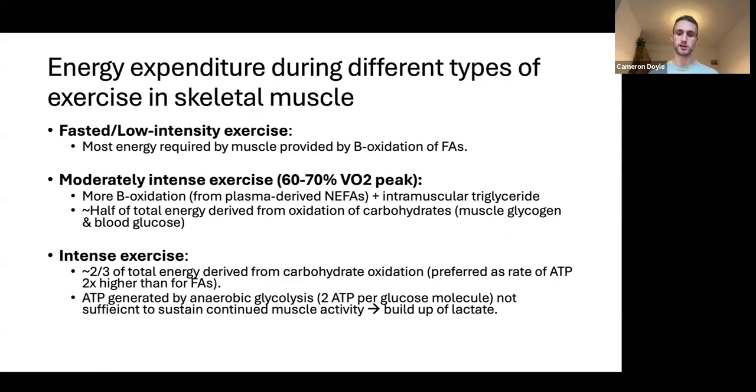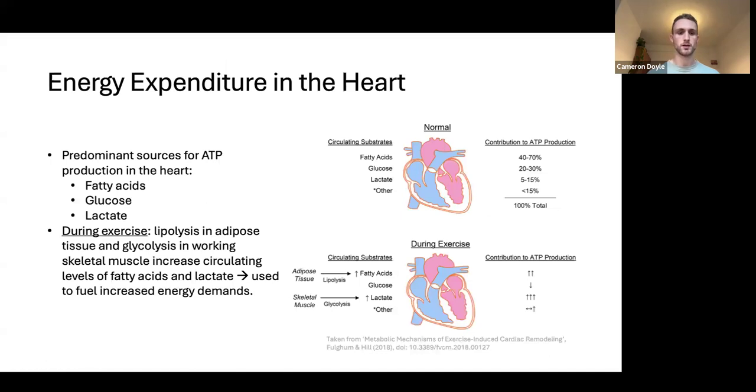You get most of your energy from carbohydrate oxidation, which is much faster, but you have less ATP production per molecule. If it gets really intense and you can't get enough oxygen, you go through anaerobic glycolysis, which generates your ATP, but you get a buildup of lactate, and you lose overall ATP through the Cori cycle, so you can't do that indefinitely.